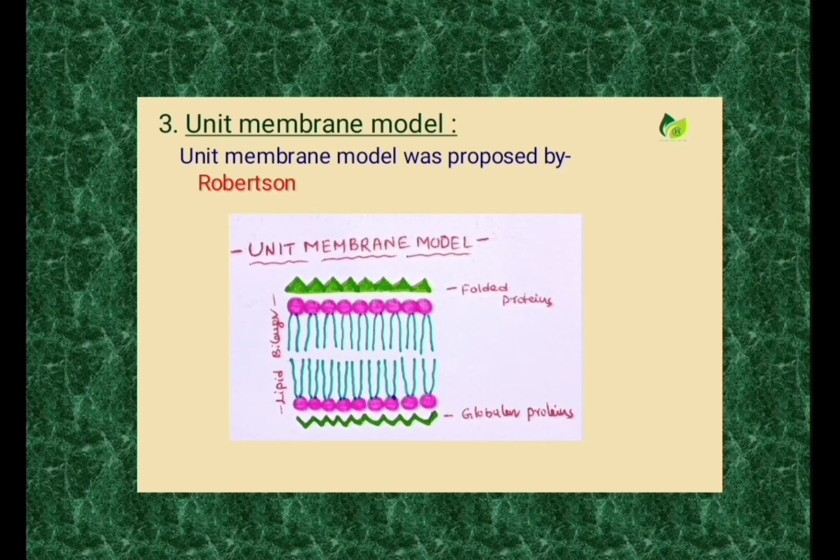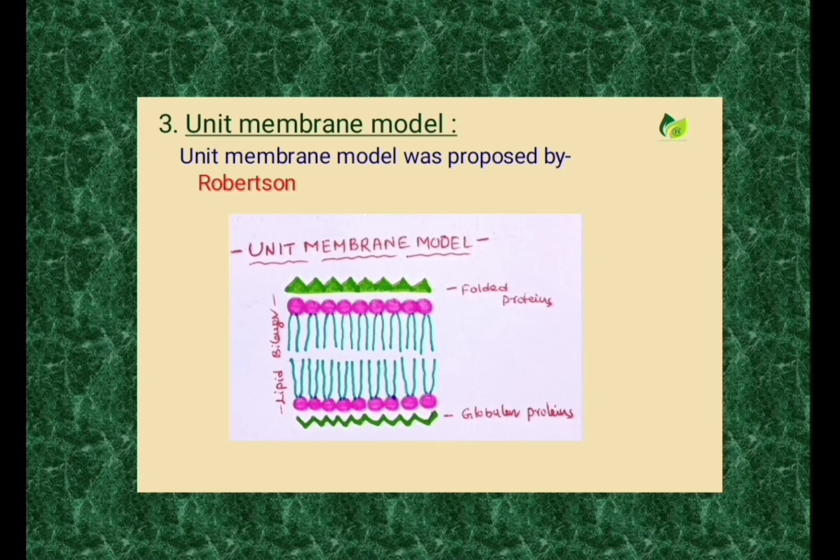They have a thickness of 35 angstroms and a dense band of proteins on either side, about 20 angstroms thick, present on either side of the lipid bilayer. This model is also called the trilaminar concept. You can see the picture.